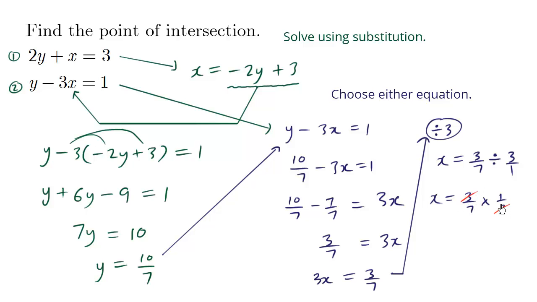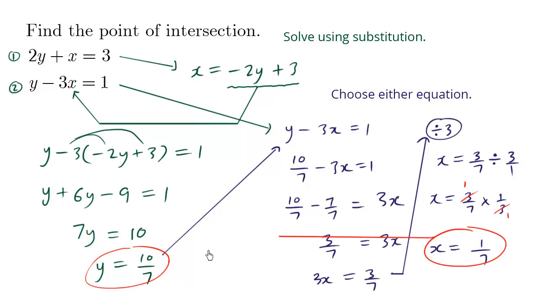You're allowed to simplify diagonally when we're multiplying. And so finally, x is equal to 1 over 7. So the point of intersection happens to be here and here. Putting the two results together, we have the point 1 over 7 comma 10 over 7, which is the same as what we had before.